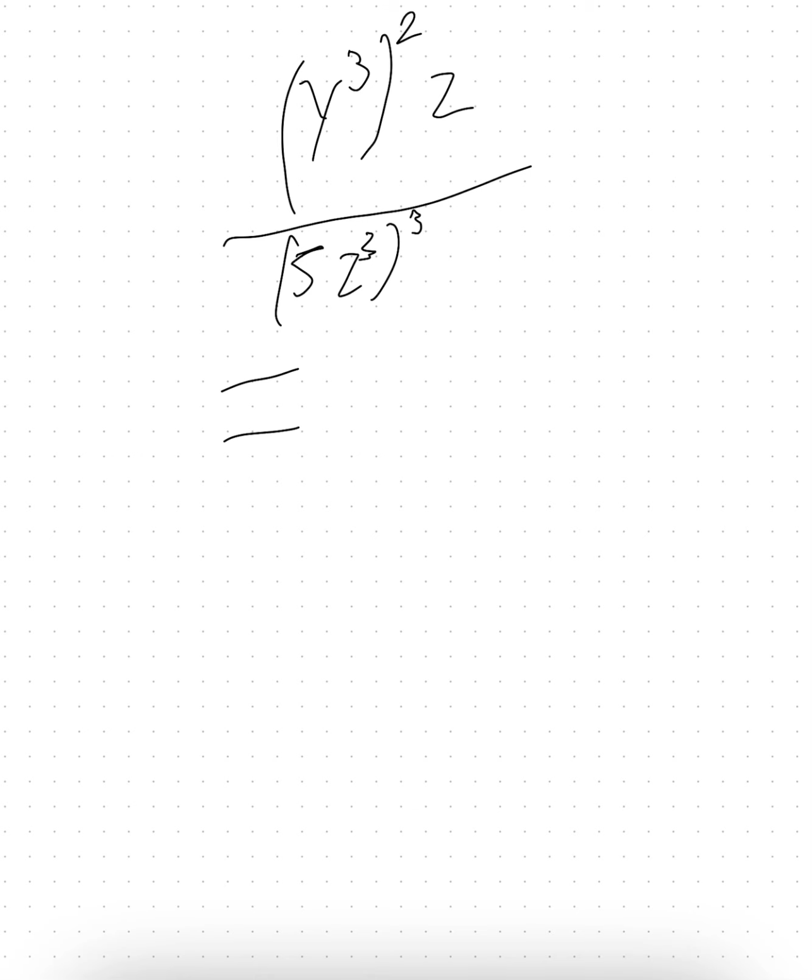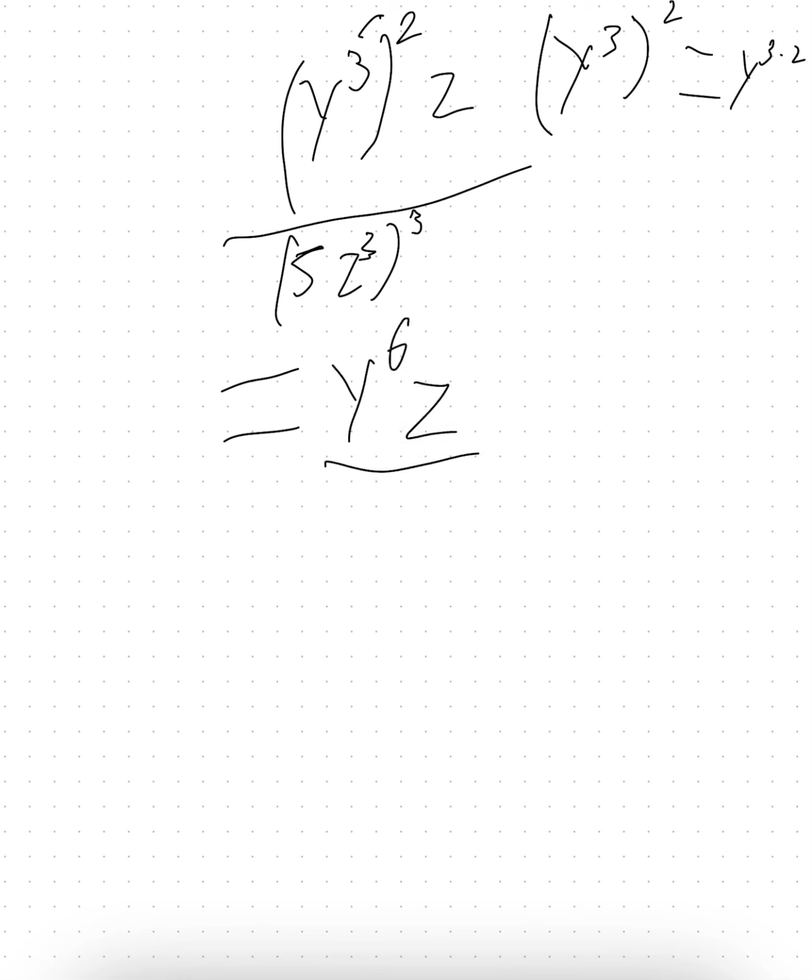So what is y cubed raised to the 2nd power? How do we do that? Well, that's equal to y to the 3 times 2 power, which will be y to the 6. Now, let's do the bottom.